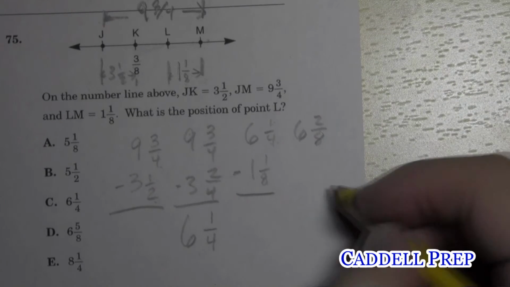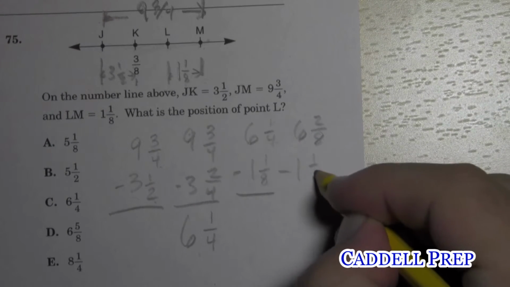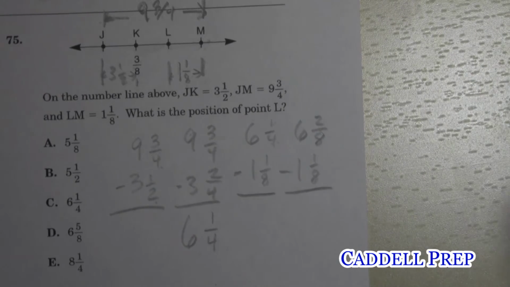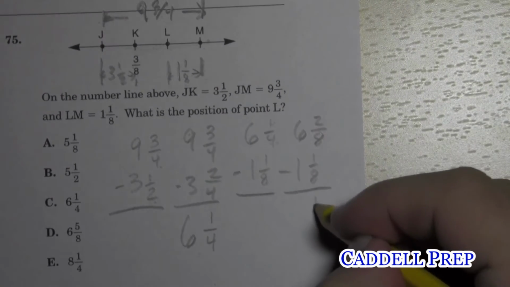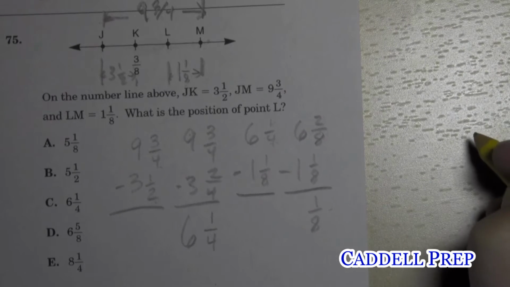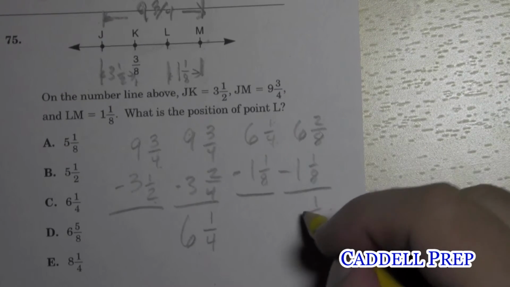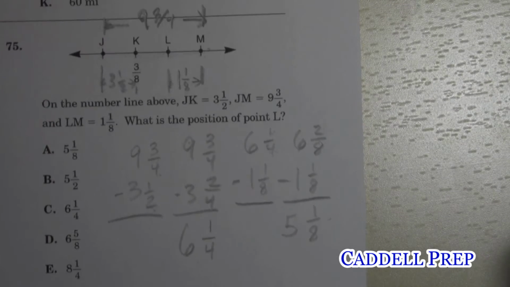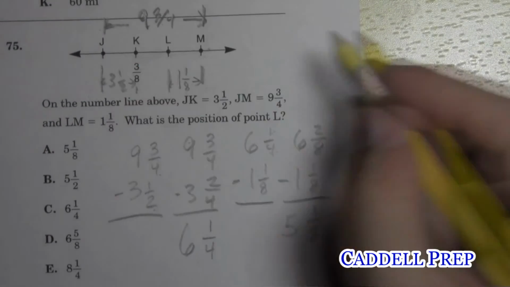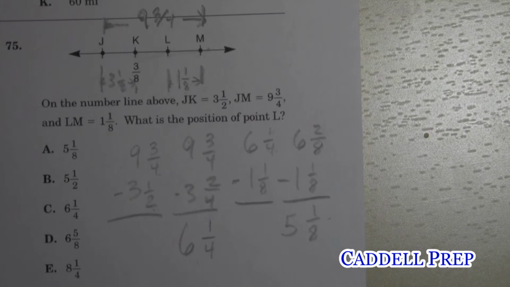So 6 and 2/8 minus 1 and 1/8. Okay, 2/8 minus 1/8 is 1/8. 6 minus 1, 5. So now we know that KL is 5 and 1/8.